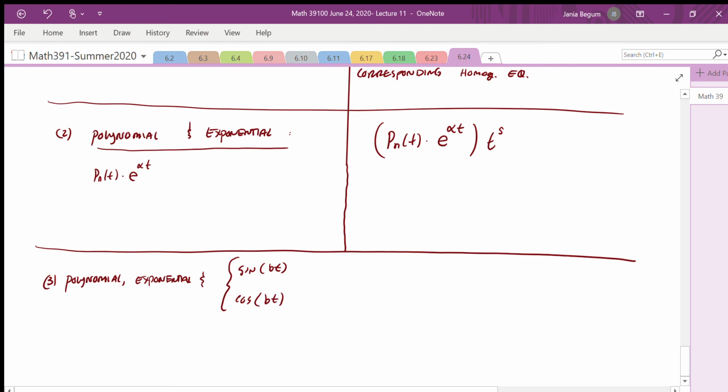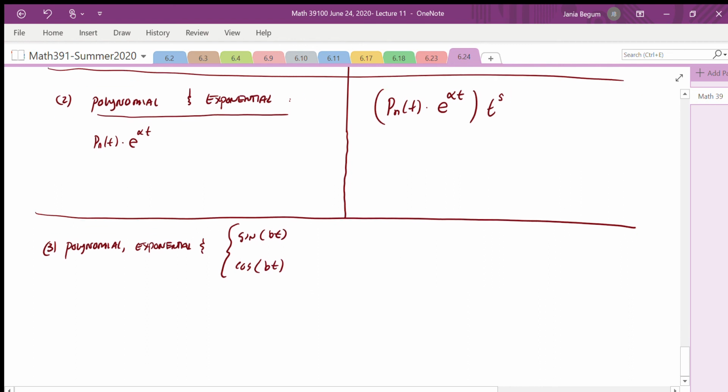So if you have this case, that means we're looking at a polynomial of nth degree, exponential to the alpha t, times either sine or cosine.